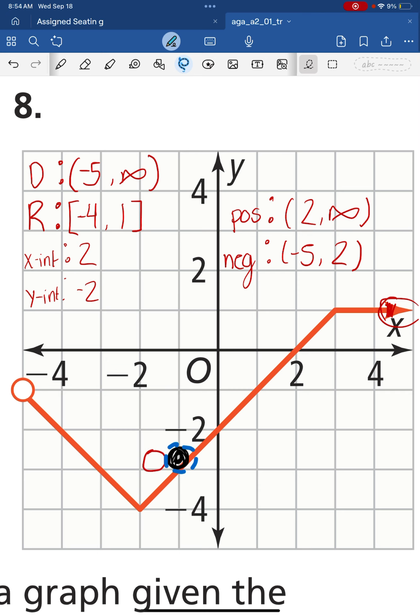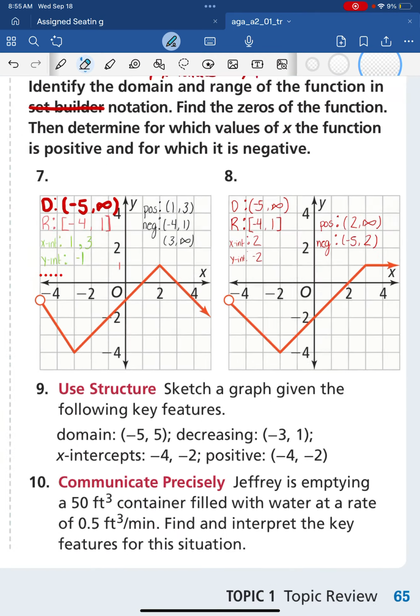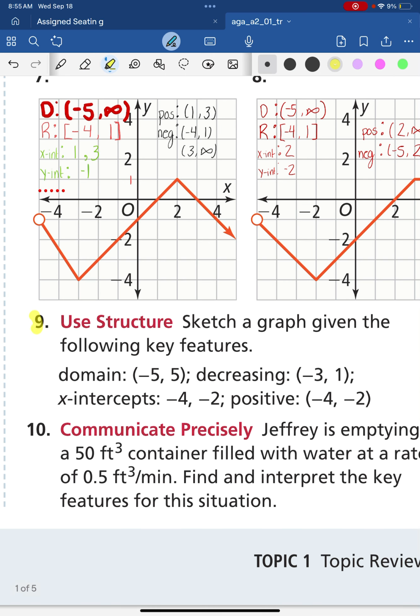If I have to push the ball uphill, I'm increasing. And we don't know how to handle something like this yet, where we are just constant. One thing that I will challenge you guys to do is try to complete number 9. You won't have one like this on your test, but it really helps you conceptualize and view everything that's going on.